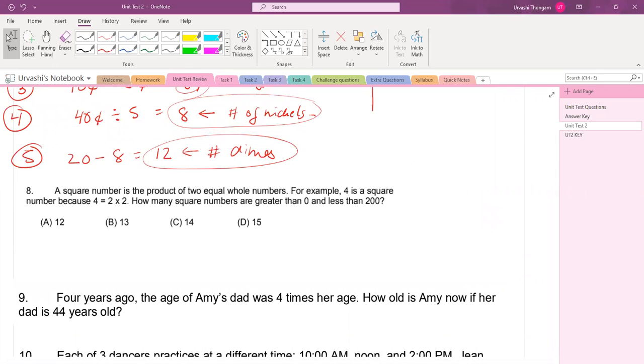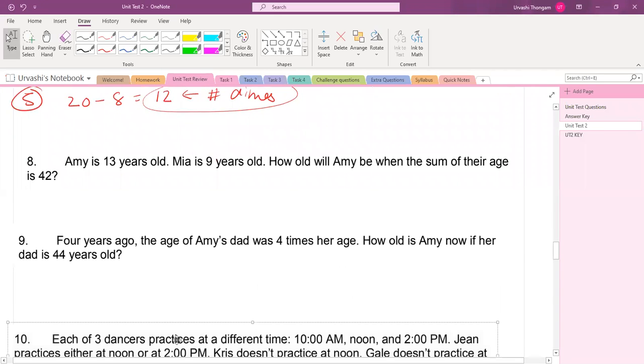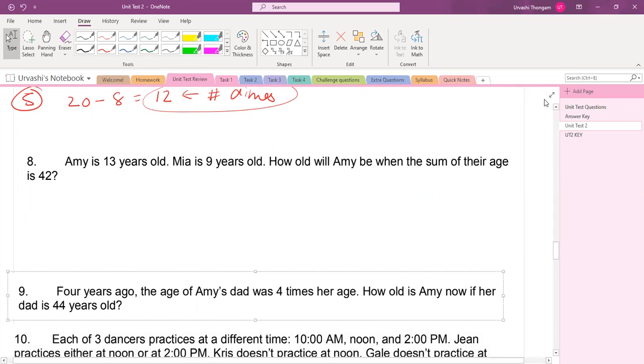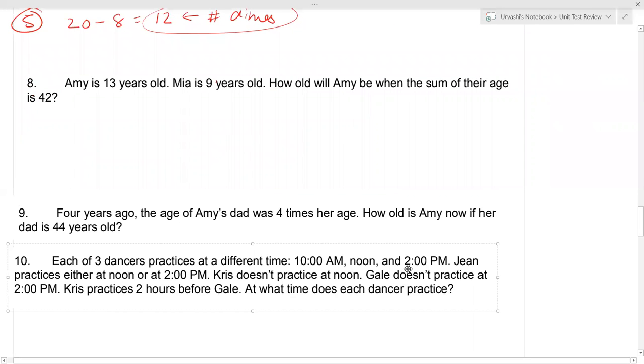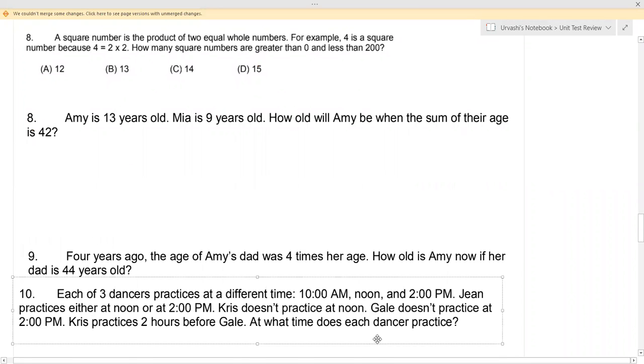The 8 is wrong. 8 is supposed to be that one. 8 is Amy and Mia. So for 8, I got Amy is 13 years old and Mia is 9 years old. How old will Amy be when the sum of their ages is 42?